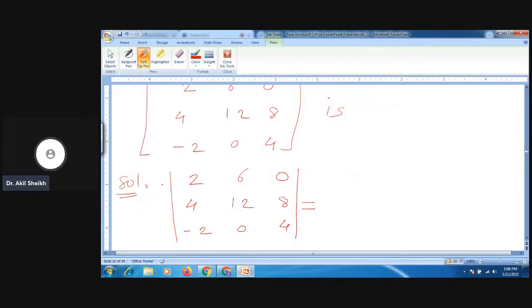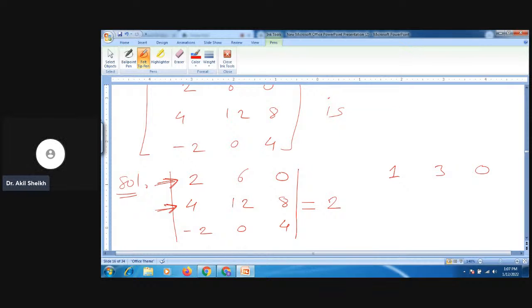So from the first row, we take 2 as common, then the remaining elements are 1, 3, 0.